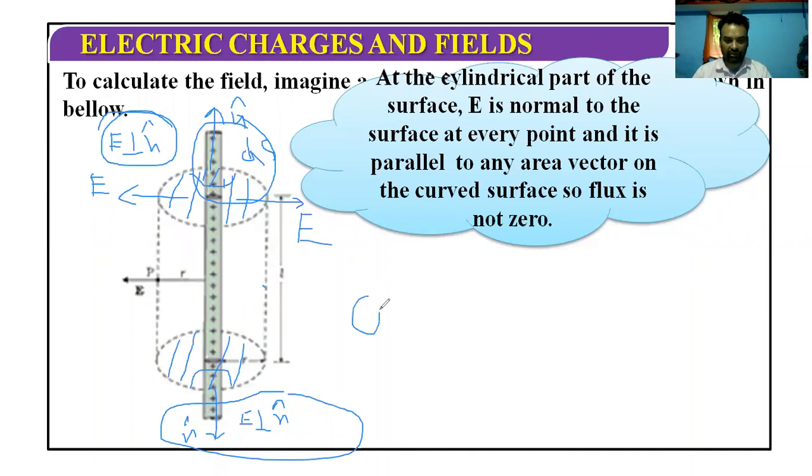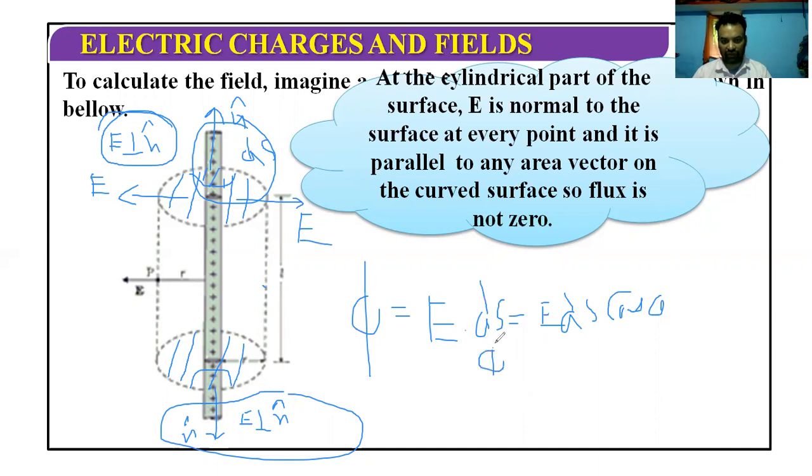So flux is equal to E dot ds, which is E ds cos theta. Here the angle between E and ds is 90 degrees, and cos 90 is equal to 0.